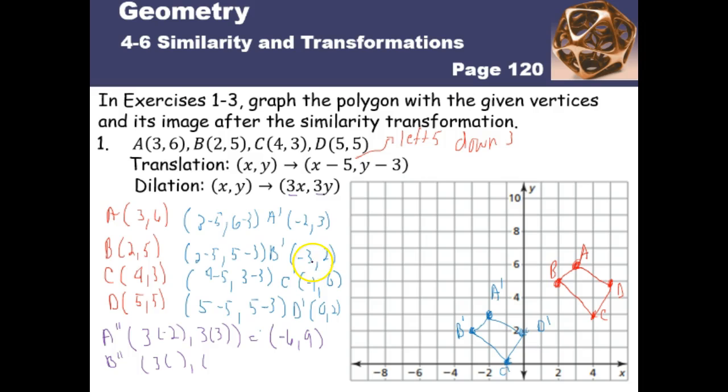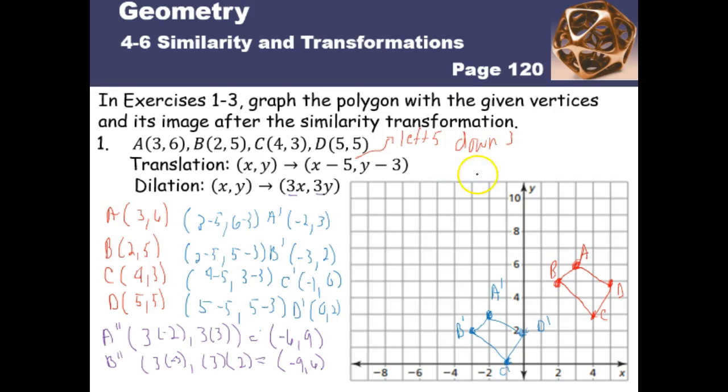Okay, B prime is negative 3, 2, so it's 3 times negative 3, and then 3 times 2, and that is negative 9, 6.